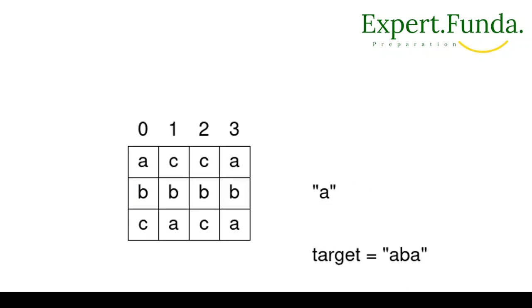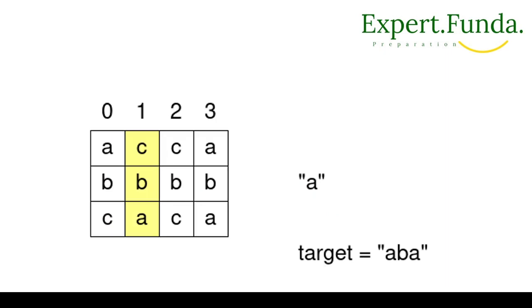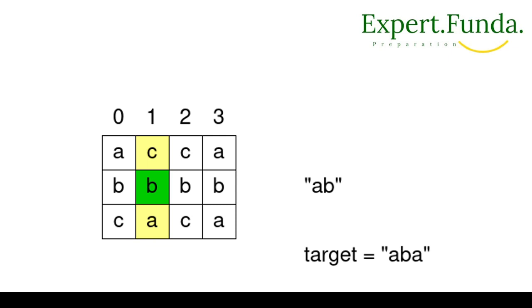Now we move to the next column and check C, B, A. Do we have B at this column? Yes, we have B, so we select this B from this index and get the value.